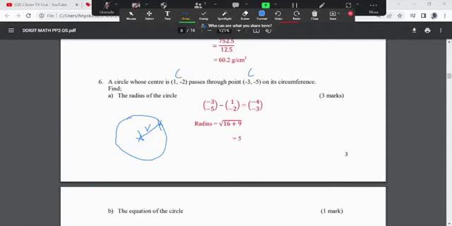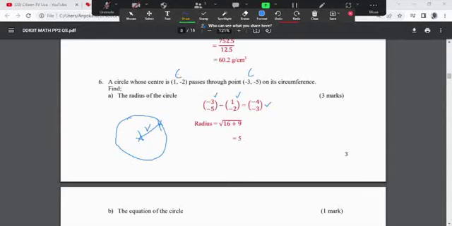So the magnitude will be the point on the circumference, which is (-3, -5), minus the position vector of the center, (1, -2), and this gives us (-4, -3).